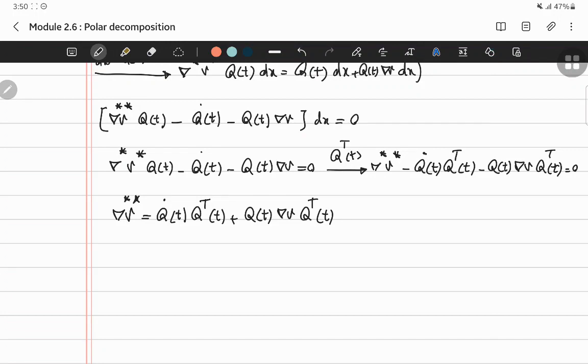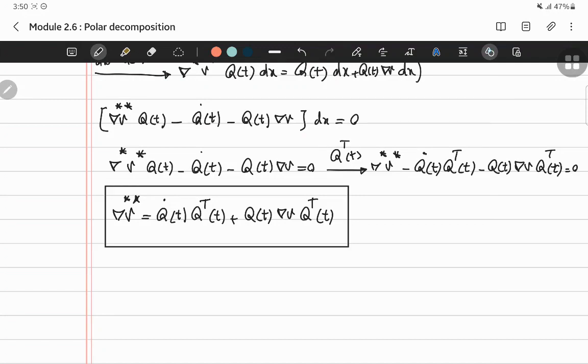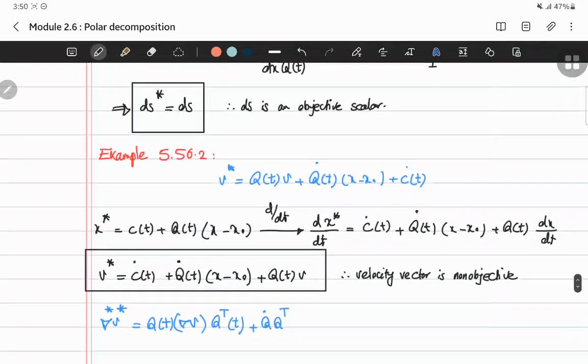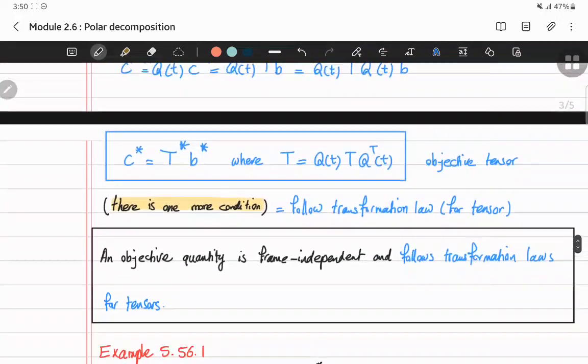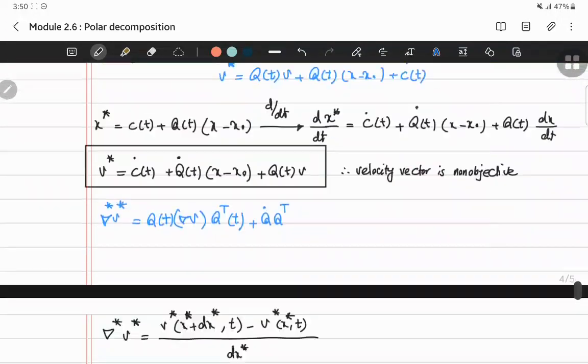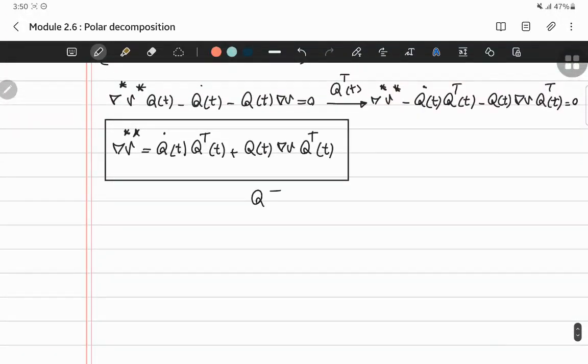All right, so if you look at this expression here, and compare this with the transformation law here, qt q transpose, if you only had this part, we could say that del v, the velocity gradient, is an objective tensor.